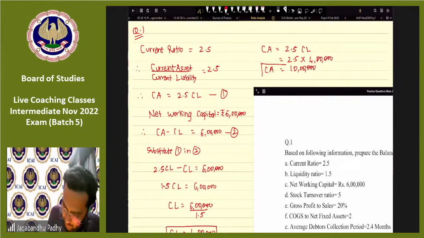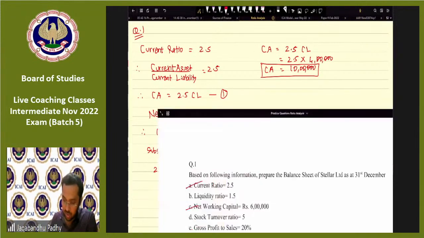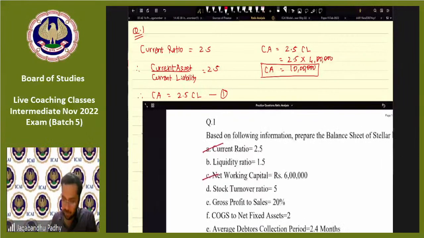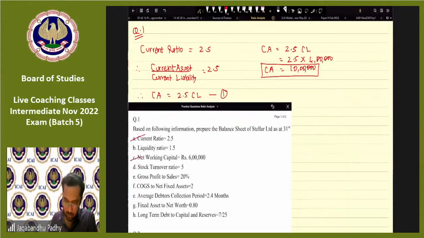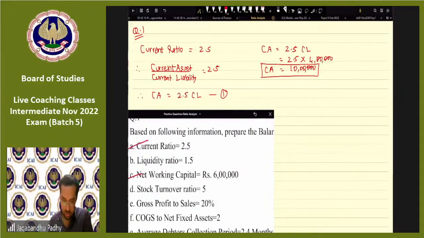The current asset is 10 lakh. Current liability of 4 lakh, current asset of 10 lakh. This is what we got based on current ratio and net working capital. We used these two ratios. Now it's time to use some other ratio and try to get some more values.